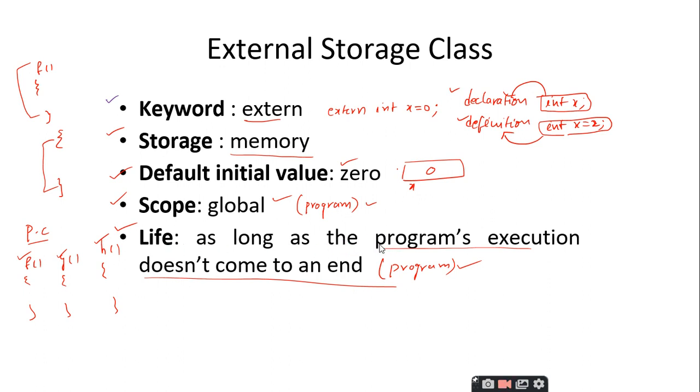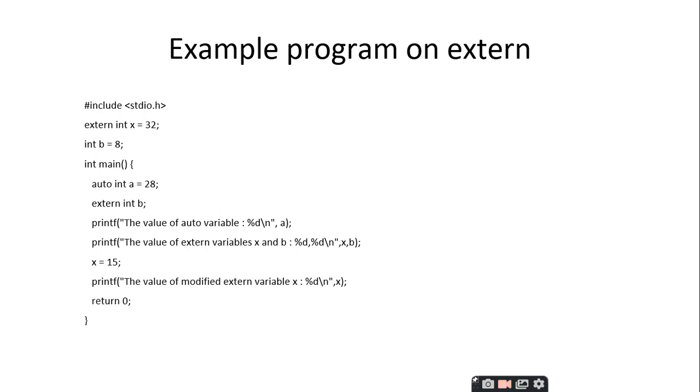Very important part. Let us have a discussion on the programming part. So this is a preprocessor directive. And you can see here, I am declaring an external variable x.